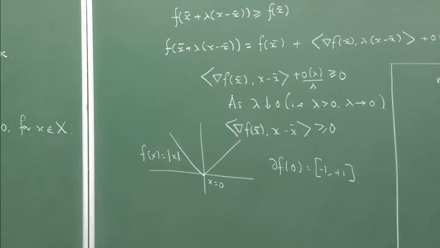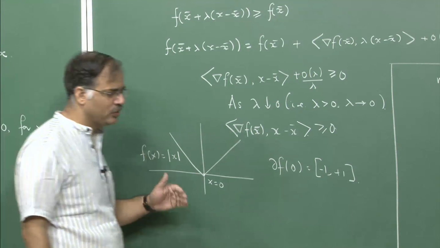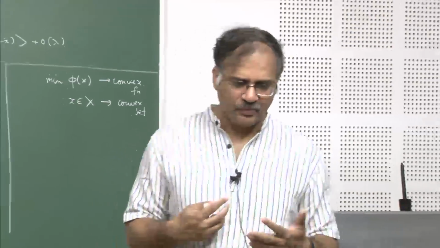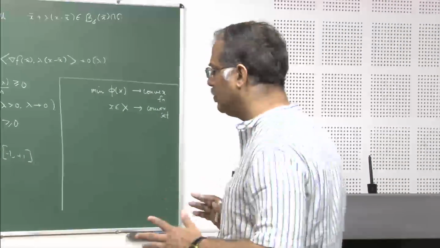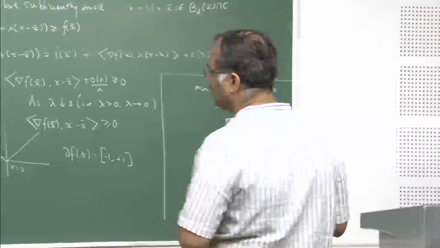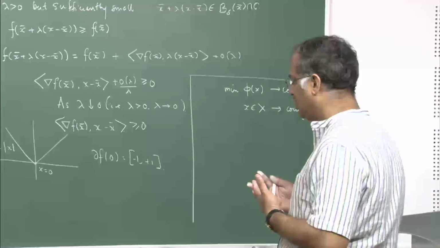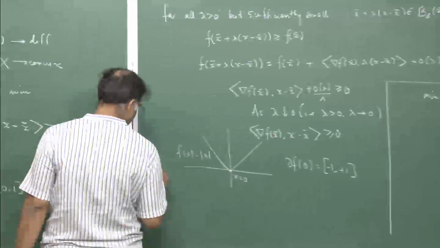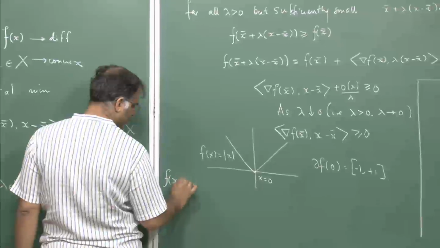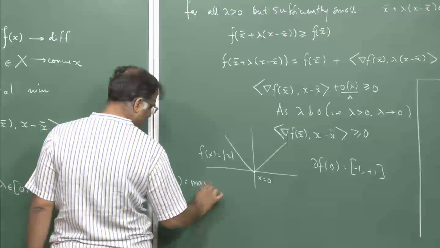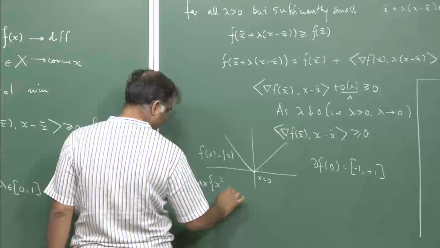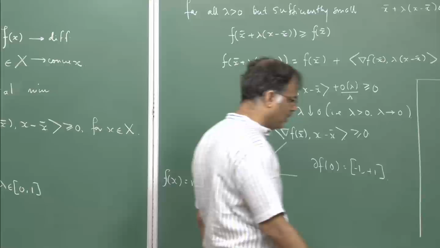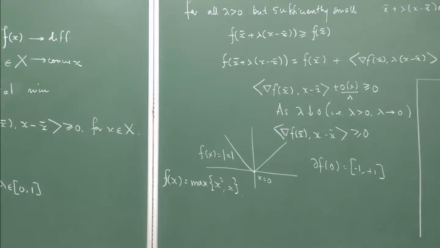See, the technique of finding a subgradient of a convex function is not so simple in general, but for simple convex functions from R to R it is not very difficult either. Even for functions in R2 to R, it is not a very difficult thing if the function is simple. For example, if I take the expression f(x) equal to max of x squared and x, we will try to draw this function and see how to compute the subgradient. The idea is very simple.